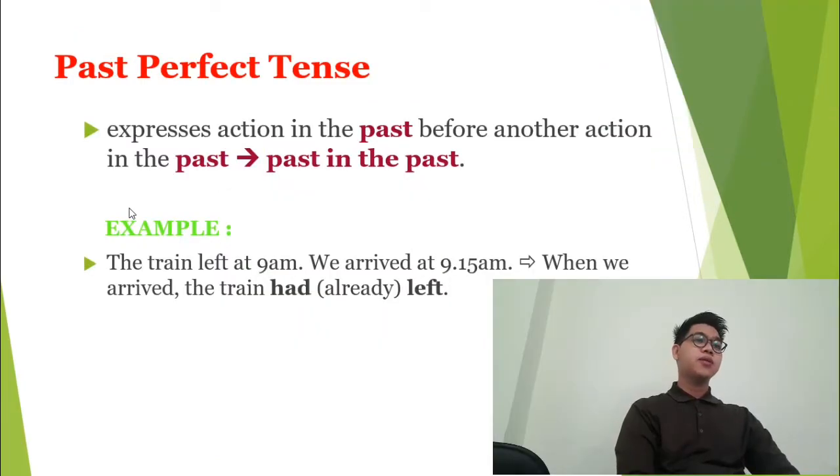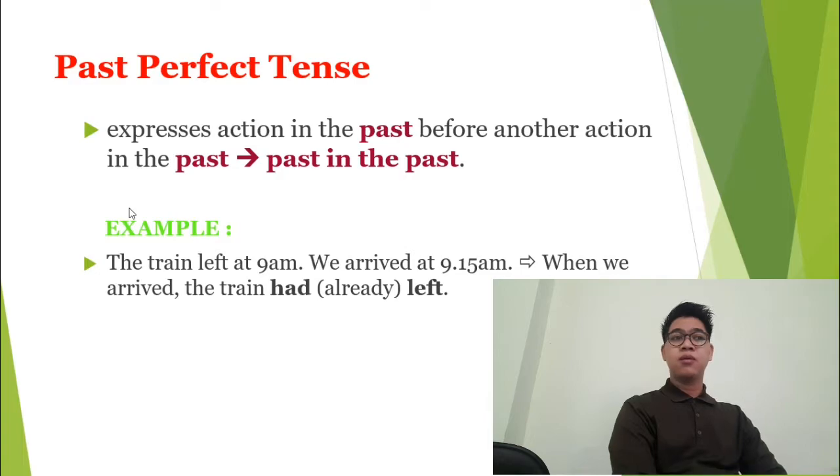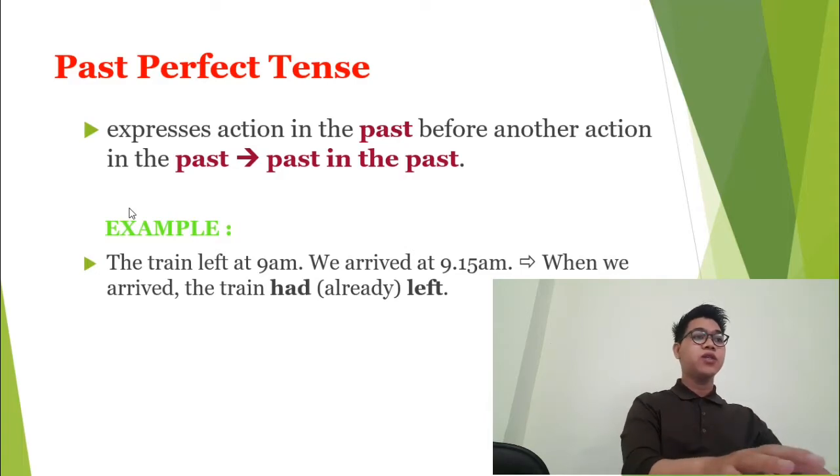The past perfect tense expresses an action in the past before another action in the past. Past in the past. We use it when we want to talk about an action in the past before another action in the past. For example, this one.